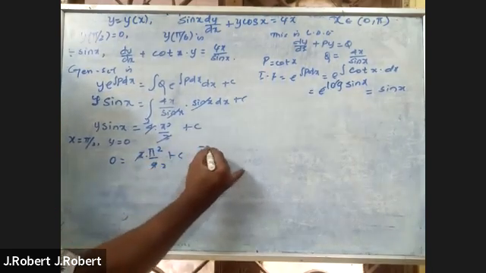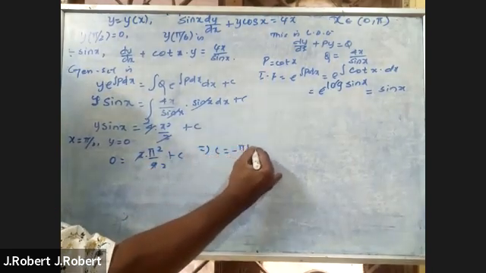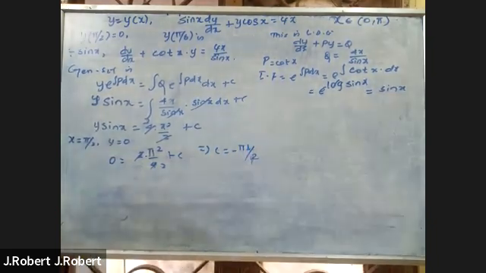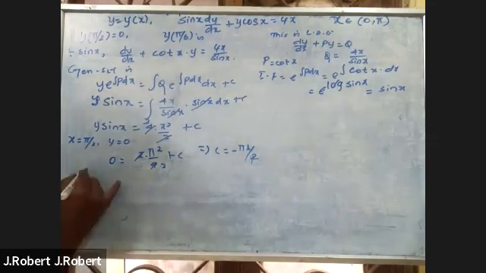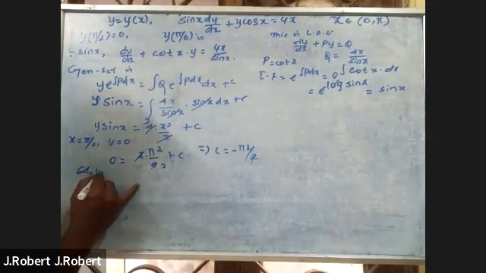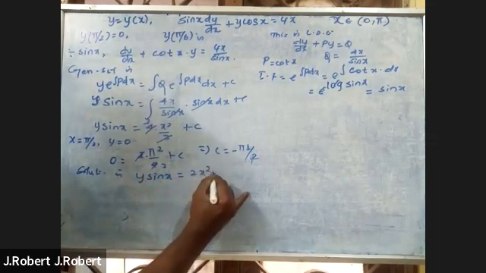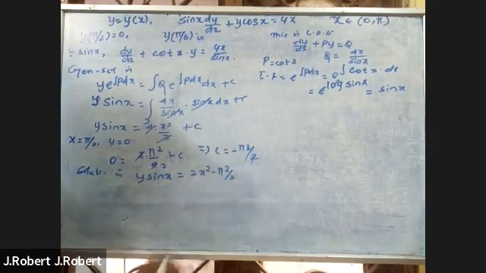The 2 cancels. This implies that c is equal to minus pi square by 2. Therefore, the solution is y sin x is equal to 2x square minus pi square by 2.